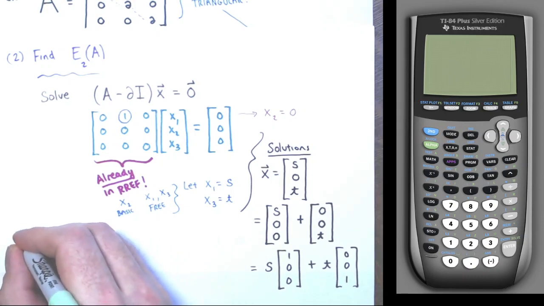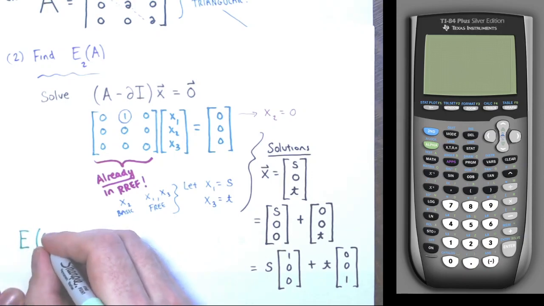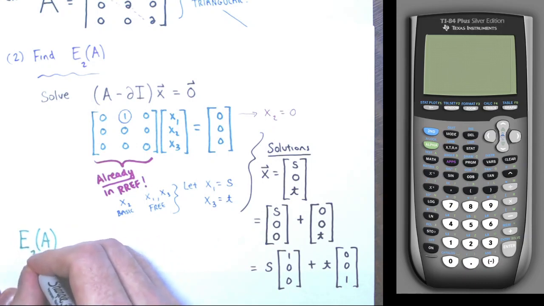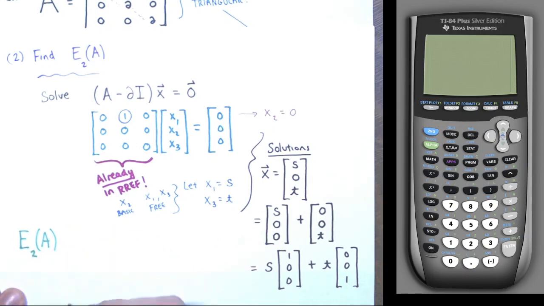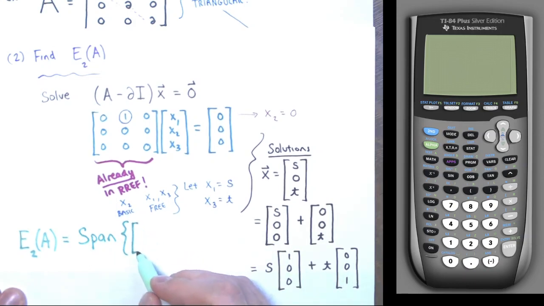So the eigenspace of A corresponding to 2, that only eigenvalue 2, is the set of all linear combinations. Now you could write this out and just say as long as s and t are real numbers, or say it's the span of the set with the vectors 1, 0, 0 and 0, 0, 1 in it.